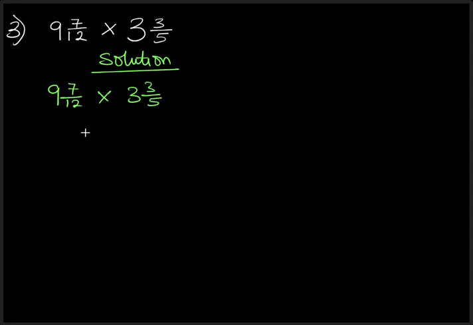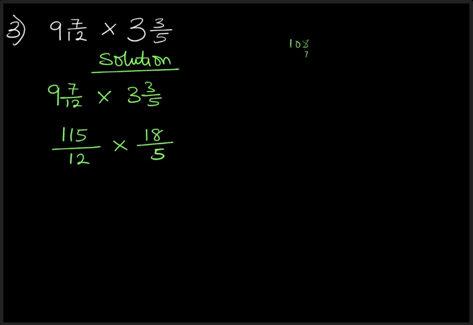So what would that give us? 12 times 9 is 108, plus 7 gives us 115, all over 12. Then 5 times 3 is 15, plus 3 gives us 18 all over 5.